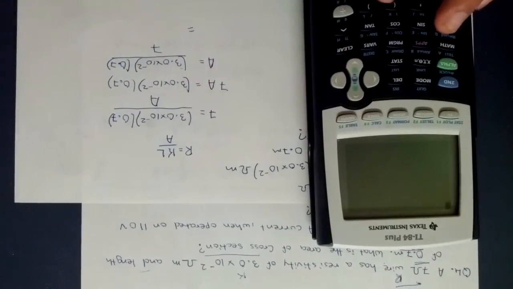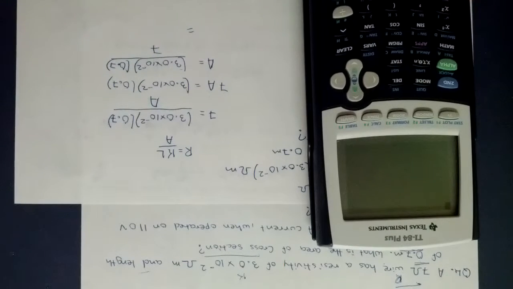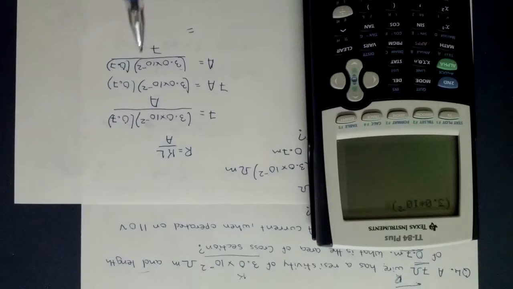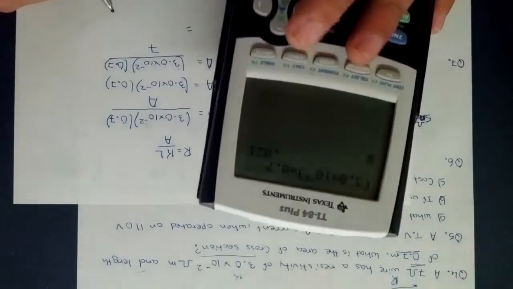So what I would recommend is you solve this first, and most graphing calculators or even scientific calculators would have the answer key, so my technique would work. 3.0 times 10 to the power negative 2, right? So basically you do that, multiplied by 0.7.